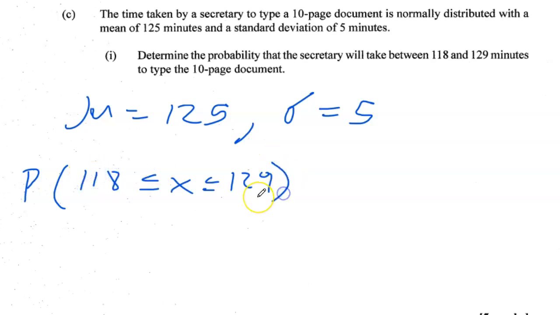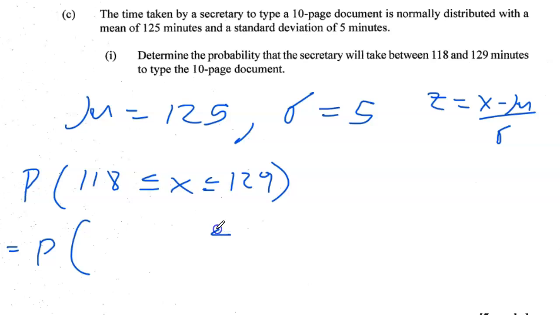118. So what we need to do now is to standardize these two values using the formula Z equal X minus mu over the standard deviation sigma. So let's standardize these two values, calculating the probability that Z is between, and I'm going to calculate a standardized score now.